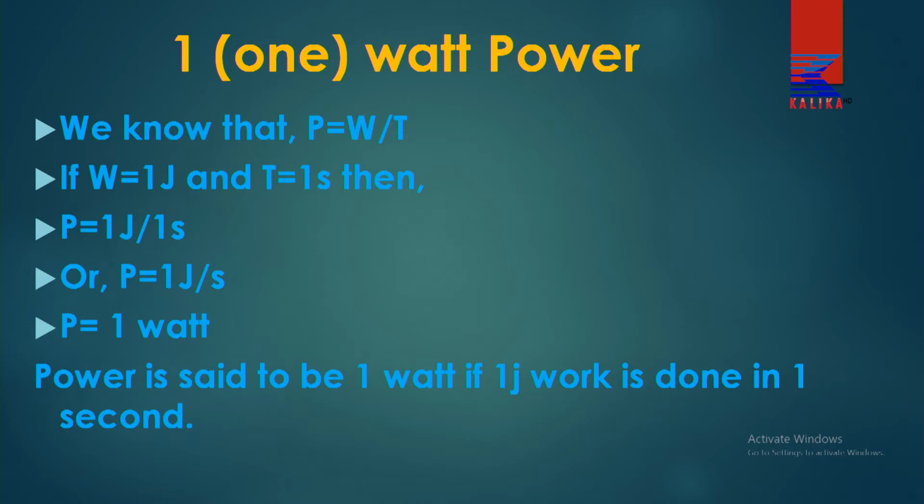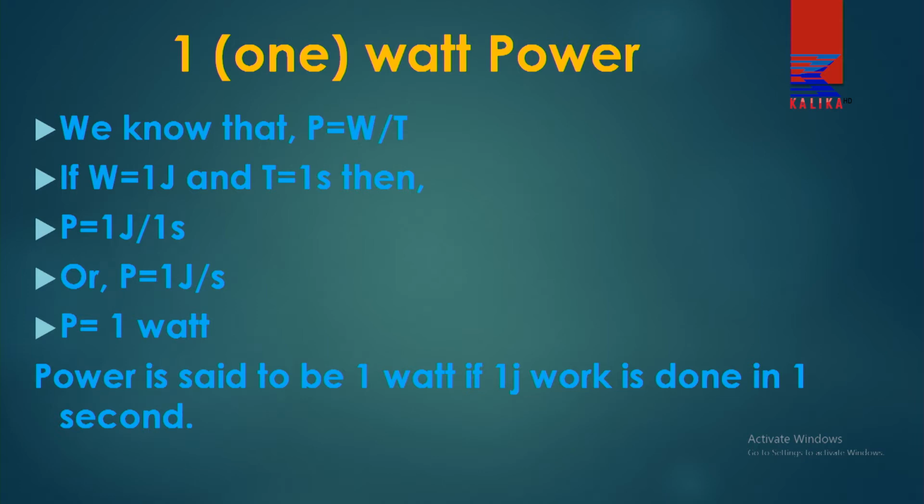You can say it in any way, but you need to mention 1 joule and 1 second. If time taken is 1 second and total work done is 1 joule, in that condition the power is called 1 watt.